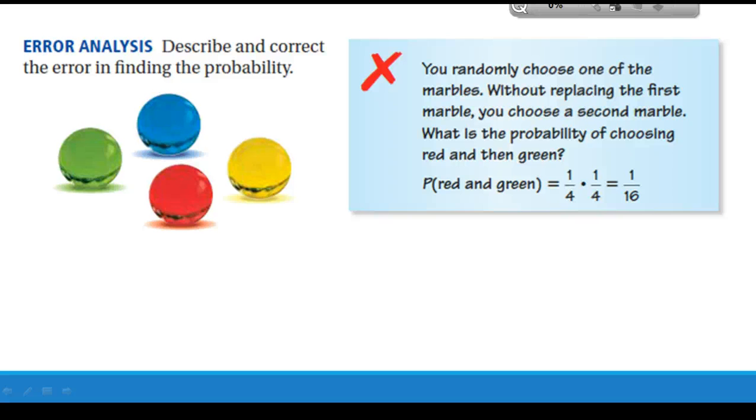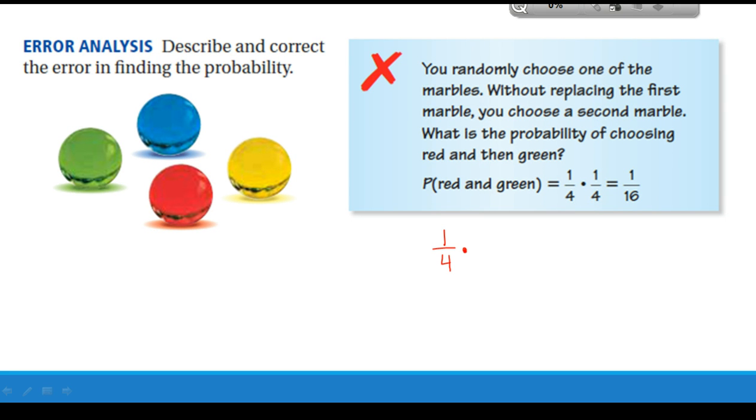Okay, well, looking at this, there's 1 red marble, the first go around, and there's 4 marbles to draw from.